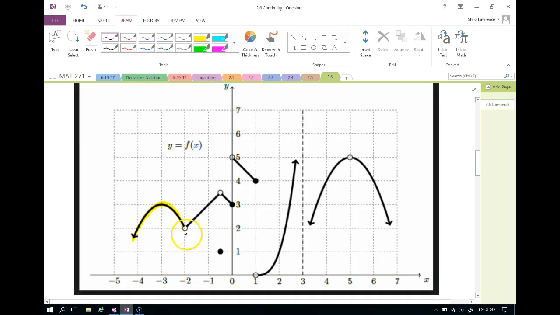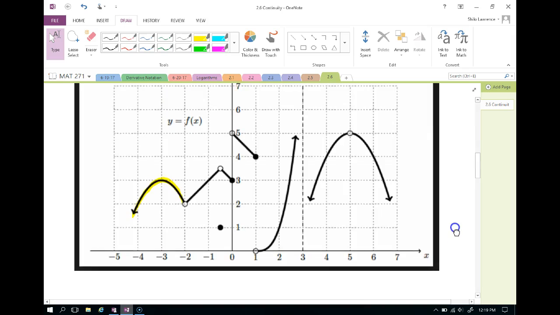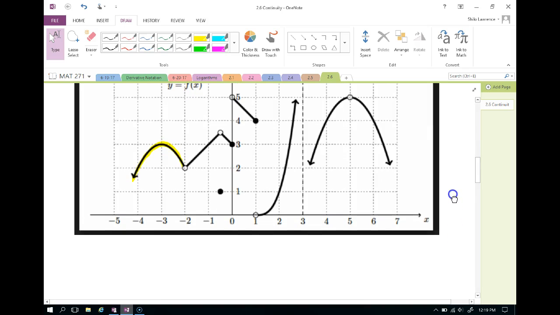So at x equals -2, and I'm going to do this in a different color, we have criteria number 1 is not met.